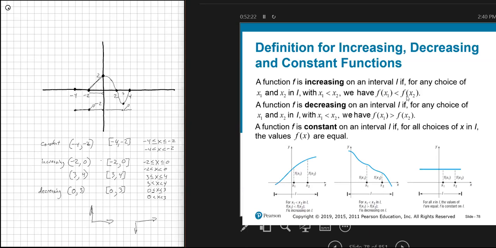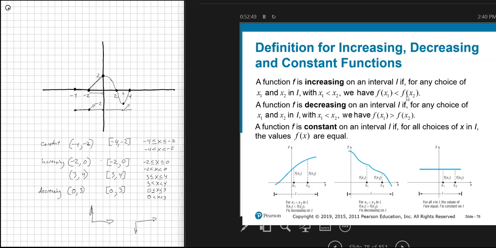Part of the domain on x squared, part of it you're going down, the other part you're going up. So it's not an increasing or decreasing function. A decreasing function is the same definition, except you're getting smaller, you're getting more and more negative, where with increasing, you're always getting more and more positive.